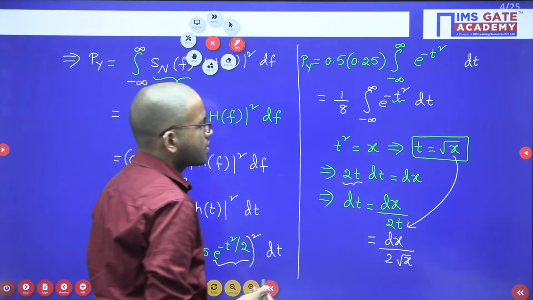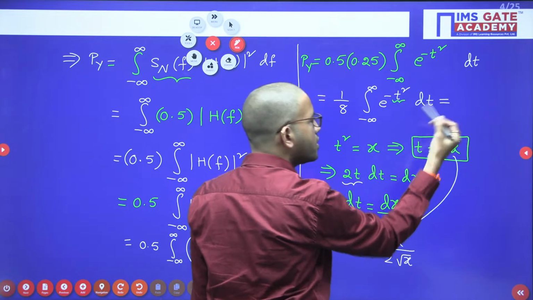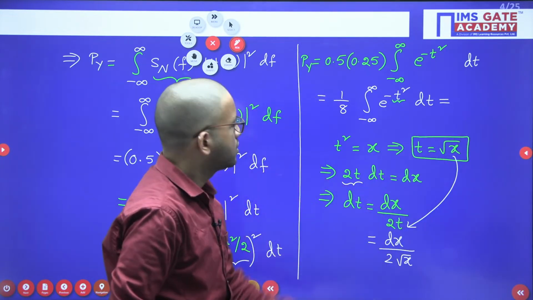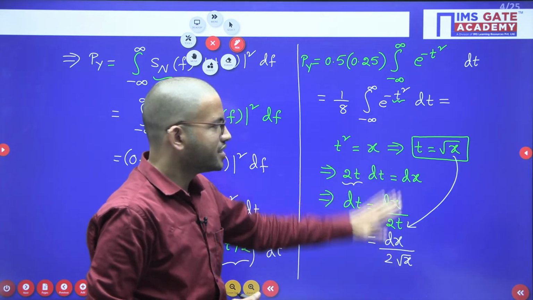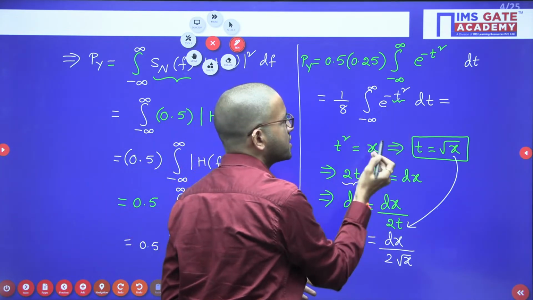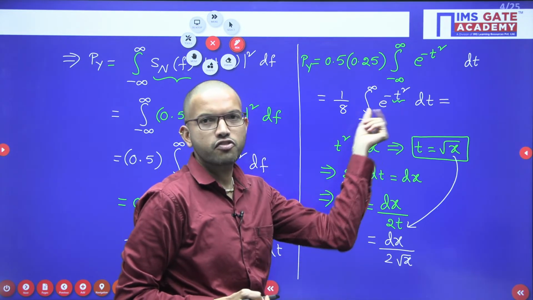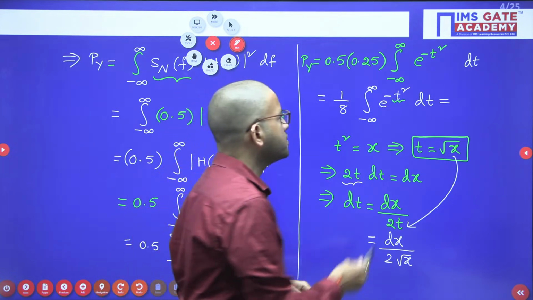Now, before this I am writing one more step. Whatever procedure we have followed, this entire thing is the same as it is, but here I am just applying one property. Here e power minus t square, is it an even function or an odd function? All of you please respond.